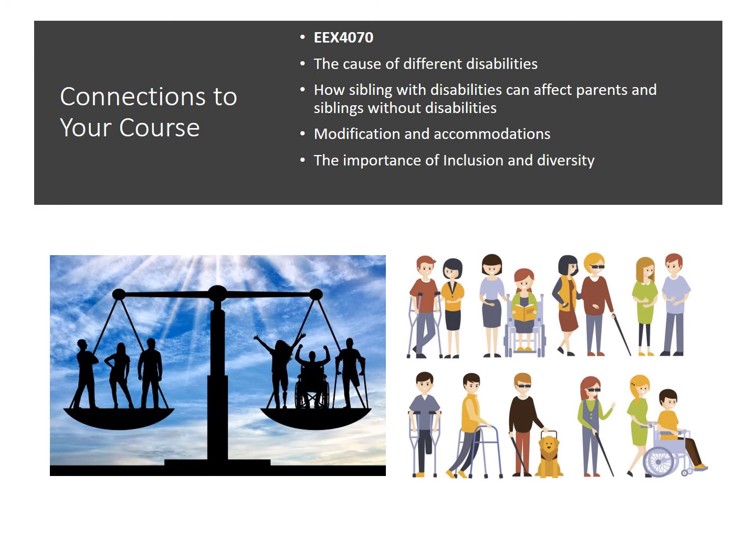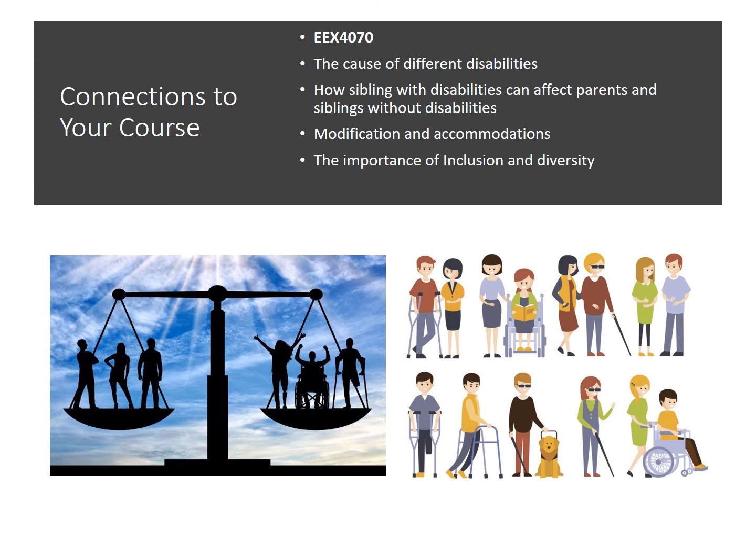This project was for EEX 4070, and I learned that the causes of disabilities is not only by genetics, but it can also be by trauma, toxins, and other factors can play a part in students' disabilities.